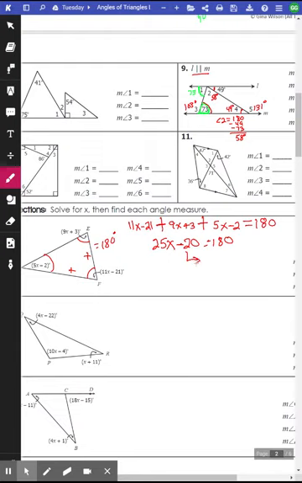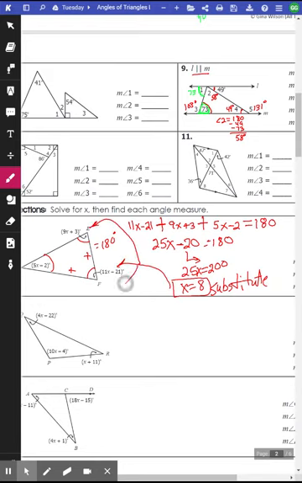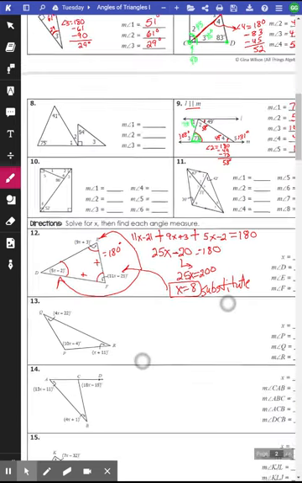Move the 20 across. So I'm left with 25x is equal to 200. x equals 8. The rest is substitute. Substitute here, substitute there, and substitute there.